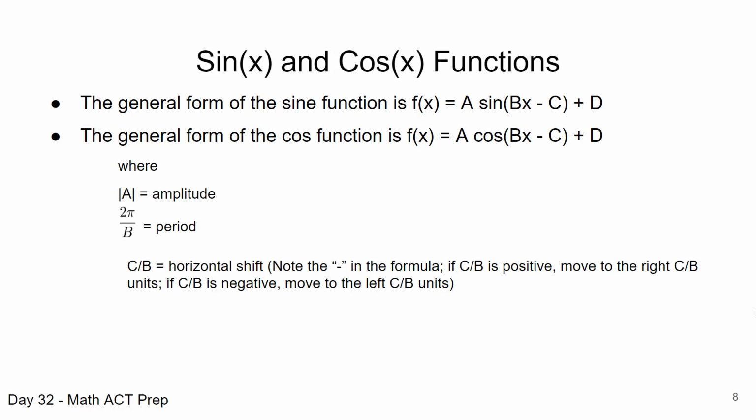And this is important here because when you notice the general form of both of these functions, we have a negative sign in the formula, a subtraction. If C over B turns out to be positive, we're just looking at C over B, we're going to move it to the right C over B units. If C over B is negative, we'll move to the left C over B units.